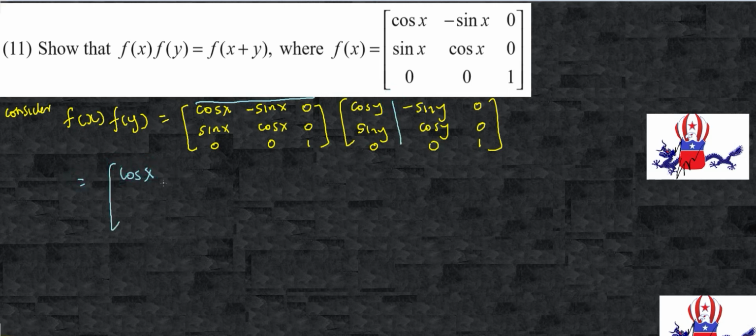multiplied with cos y, followed by sine x multiplied with sine y, and then you got 0 there. Multiplying the row with the column, sine x multiplied with cos y, followed by cos x multiplied with sine y, and then you got a 0 there.